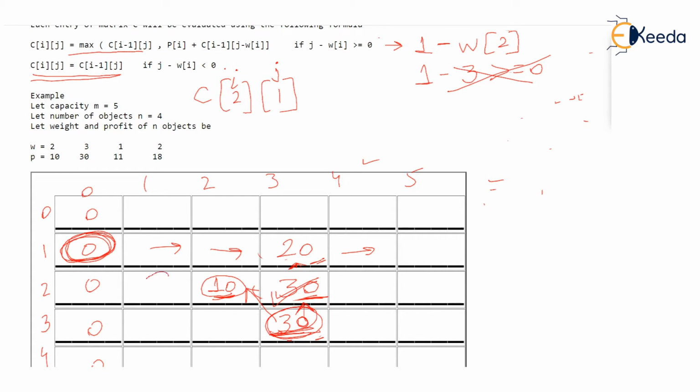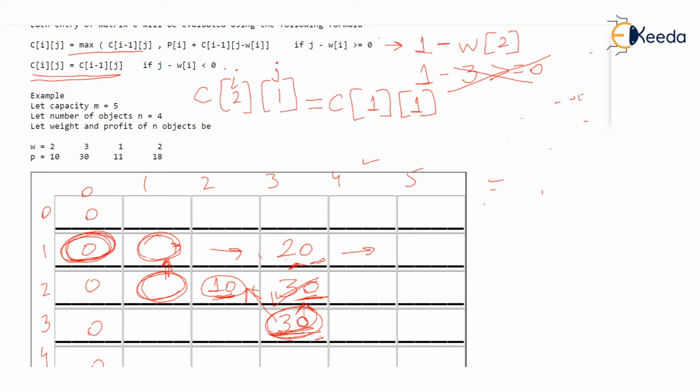C21, which I am marking in the matrix, is simply equal to Ci minus 1. Watch the formula. Ci minus 1 is nothing but C1 and j, that is 1. So we are taking an element from above. Now what is that element basically? C11. Observe, C11 is the maximum profit that we will get after adding only the first object in the knapsack of capacity 1.